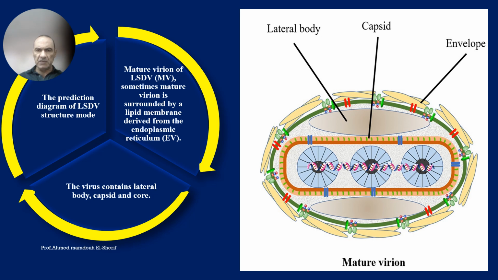The envelope, shown here in yellow, is a lipid membrane derived from the endoplasmic reticulum, and the virus contains lateral bodies, appearing here in gray, and capsid V in brown. The core, as we said in the last slide, is blue, which denotes the genomic structure of the virus.